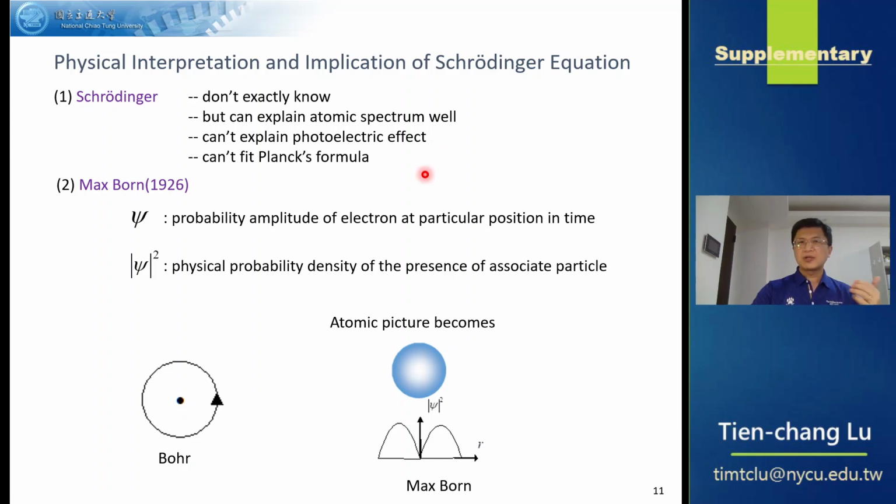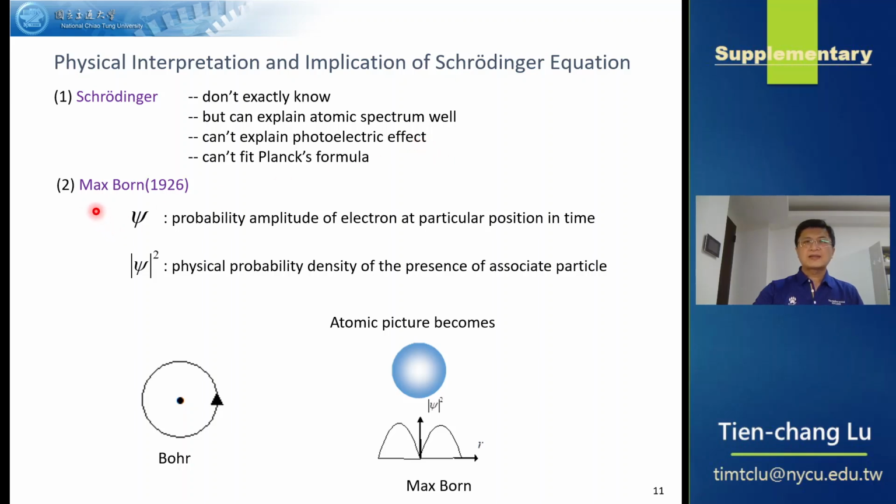And it cannot fit Planck's formula either. Planck tried to derive the expression for black body radiation, and he proposed E equals h bar omega, and then he could fit the formula. So the Schrödinger equation can only explain the atomic spectrum well, and as to the physical meaning, he actually did not exactly know.